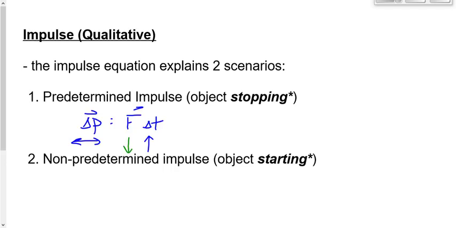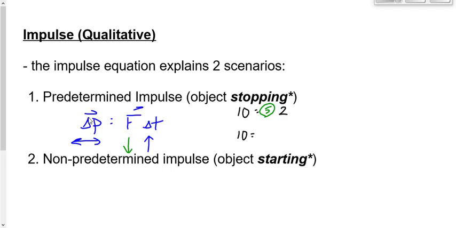Does that make sense? Like let's say the impulse is 10. If I make the time of stopping 2, then what's the force going to be? It's going to be 5, right? 5 times 2 is 10. Does that make sense? But let's say now the impulse is, well, 10 again, because it's predetermined.